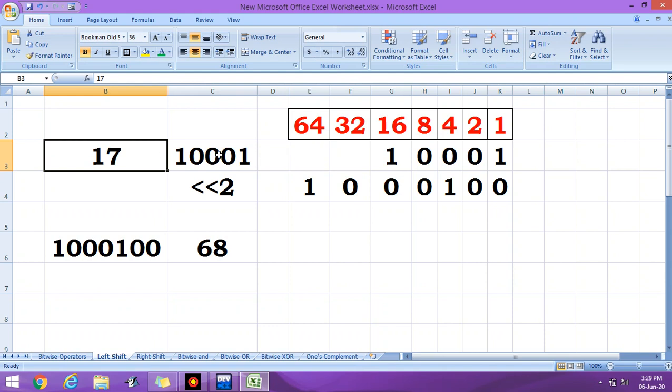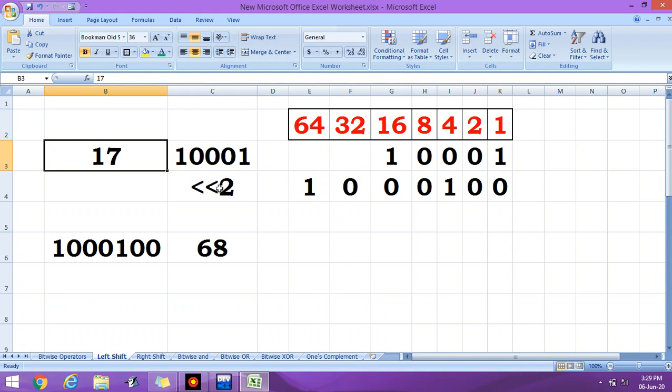By default, the compiler converts this number into binary. 17 when converted into binary is 1 0 0 0 1. You can see here 16 plus 1, that is 17.